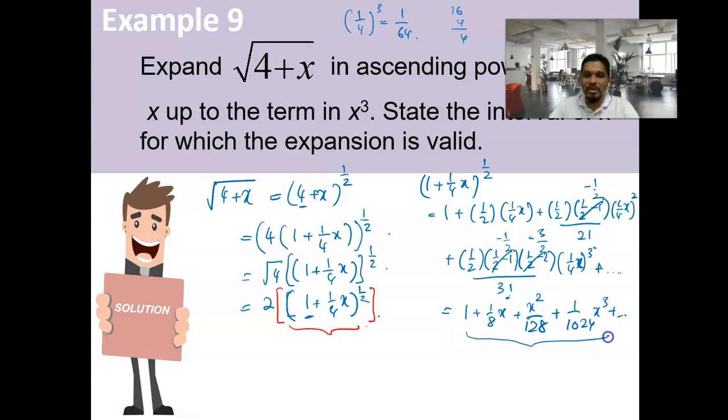This is the expansion of this term, which means that now we come up with 2 multiplied with 1 plus 1 over 8x plus 1 over 128x squared plus with 1 over 1024x cubed.